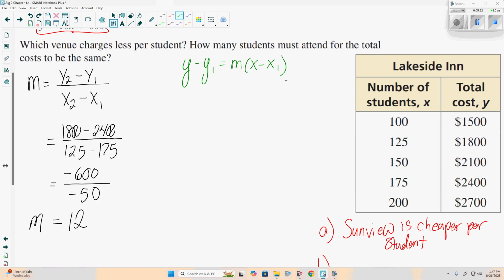Now, we could use the y equals mx plus b like we did yesterday if we know the y-intercept, if we know where it crosses the y-axis. However, Lakeside Inn does not give us that y-intercept. We don't know what the y value is when x is 0. It didn't directly tell us. So we're going to use point slope form.